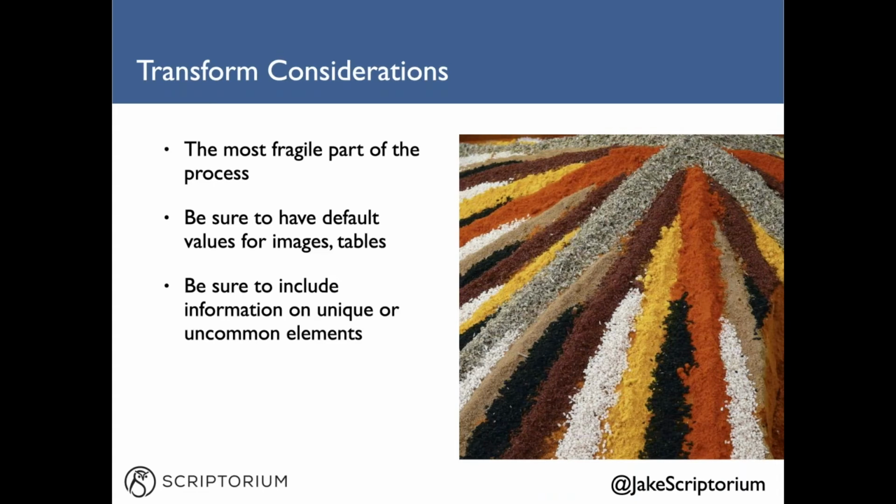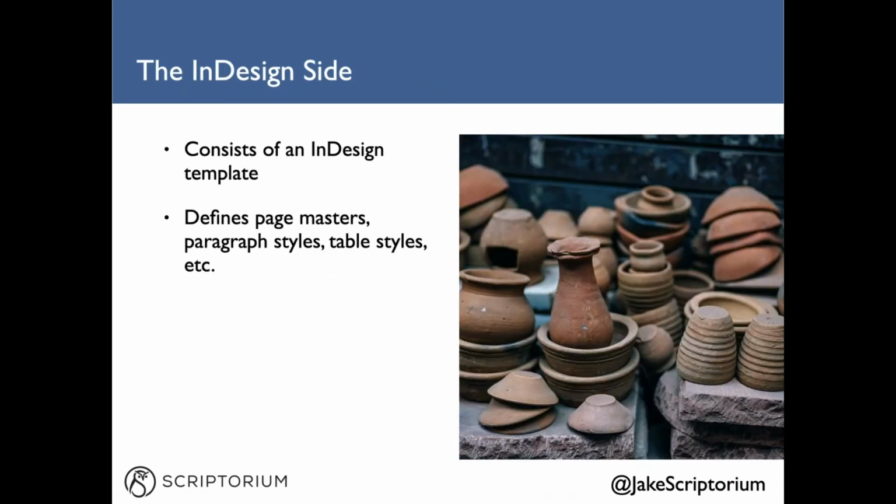And then on the InDesign side of things, this is your InDesign template that defines all of your styles, masters, and all of that visual formatting stuff. And it's important that all of this is codified and documented, especially about anything that's been dealt with via manual overrides, so that we can be sure to help streamline and improve the template so that you don't have to go in and do as much manual adjustment in the post process.